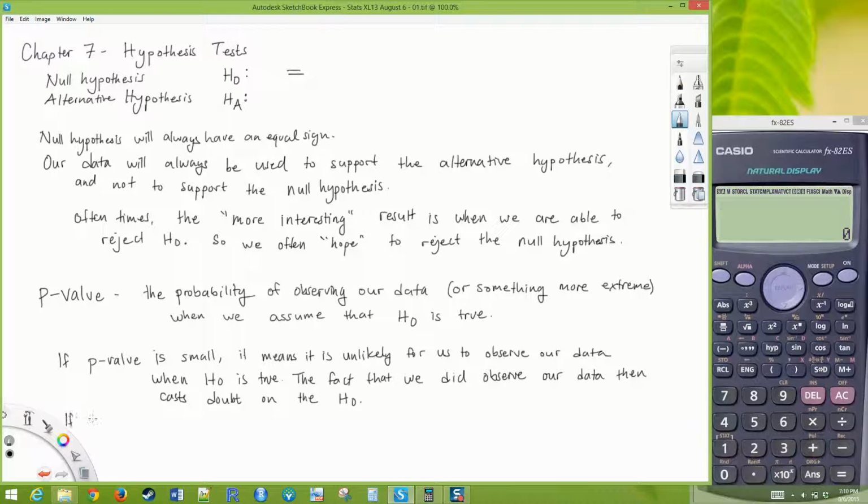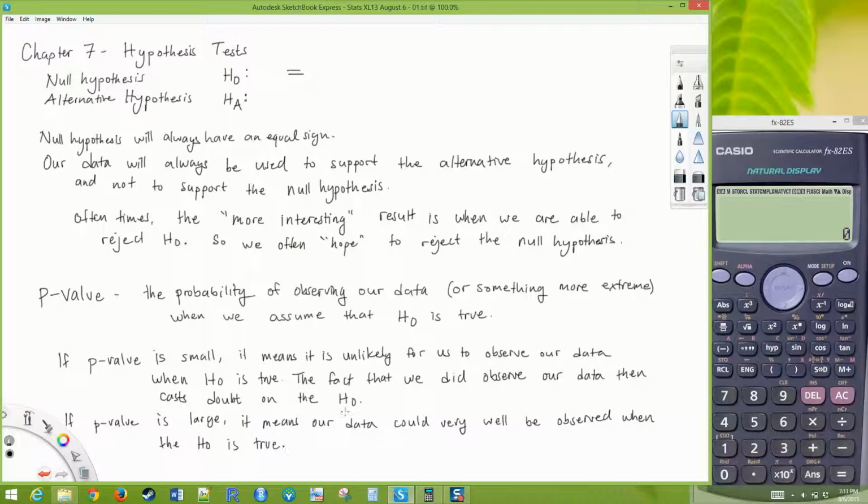And on the other hand, if the p-value is large, it means our data could very well happen, or very well be observed, when the null hypothesis is true.